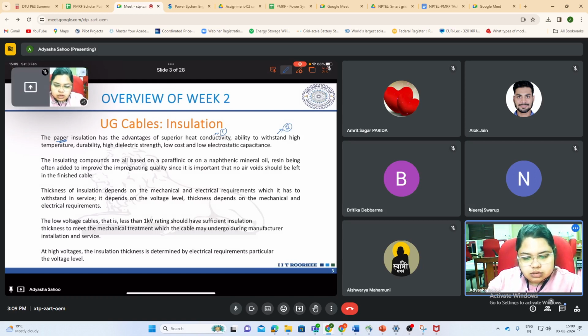So we need the insulating material to not melt under high temperature and high pressure. Then it's highly durable, has good dielectric strength, and obviously it is a very cheap raw material, very low cost, and also has lower electrostatic capacitance. Due to these desirable features, paper is the widely used insulating material for underground cable.